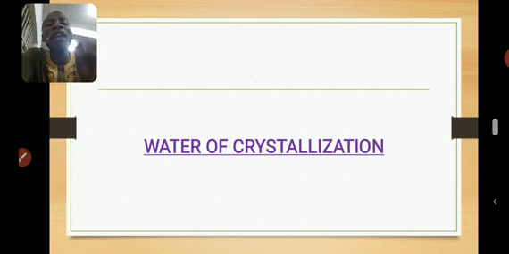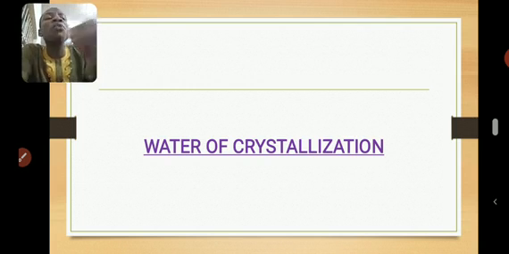Now, whenever you recover a salt by crystallization, there is a definite or particular amount of water molecules that they always come out with when they are forming those crystals.